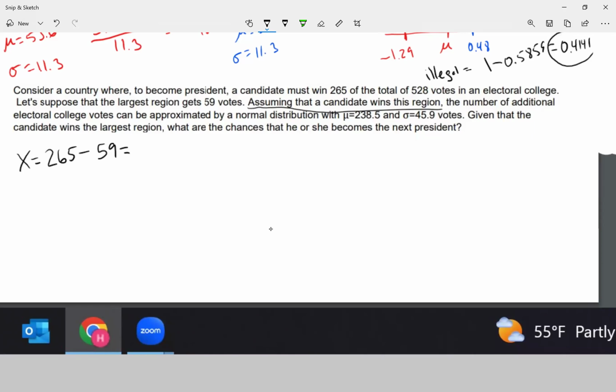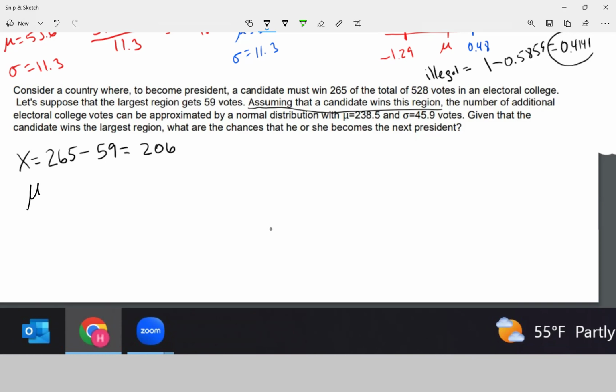So how many more votes do they need? Well, they need 206. Good. The value that I'm going to be checking with, my X value here, is going to be 206, not 265, because they already won the 59 votes from the biggest state. So my X is 206.